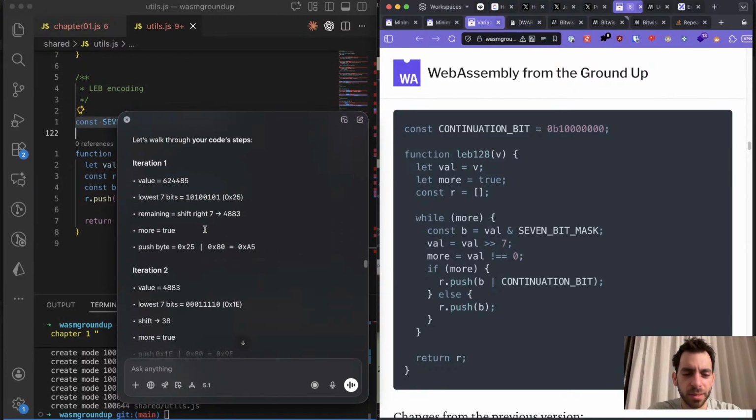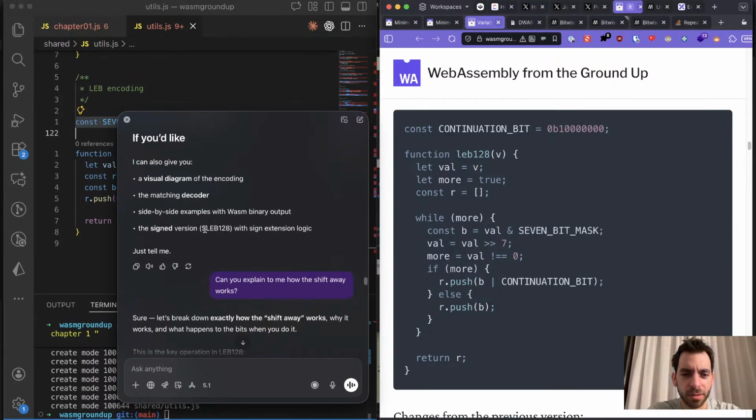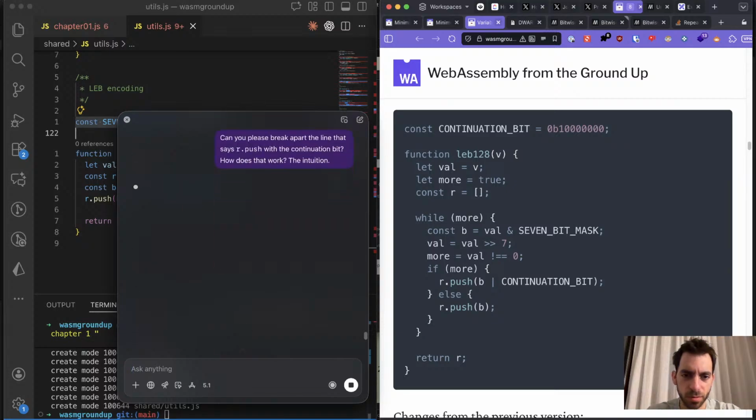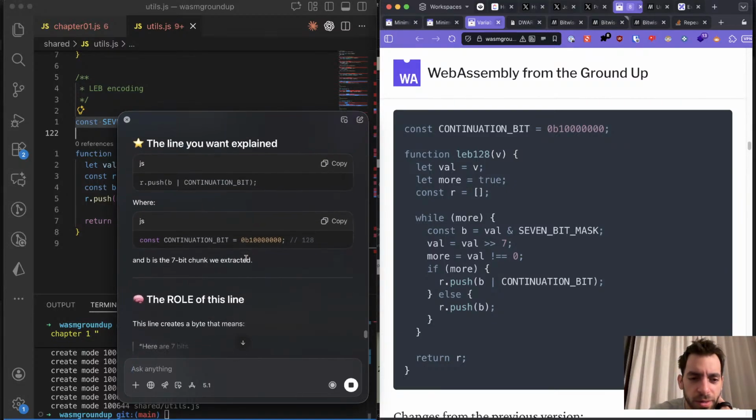Canonical LEB, in plain English, this function... Can you please break apart the line which says r.push with the continuation bit? How does that work? The intuition. Where exactly is this line?